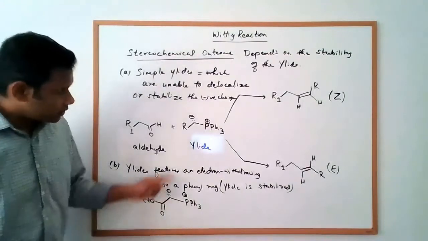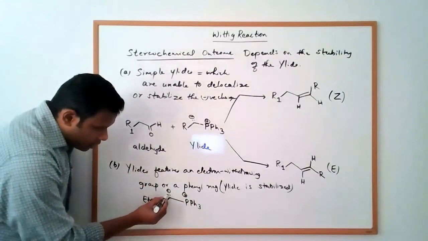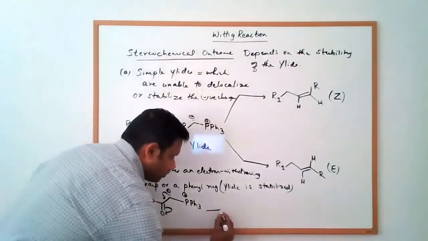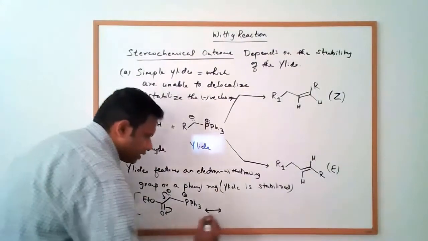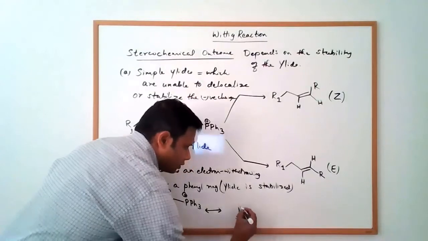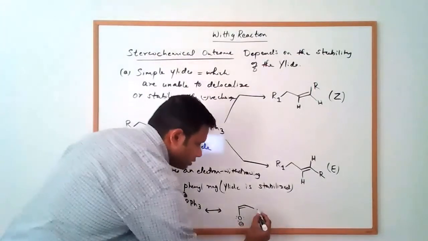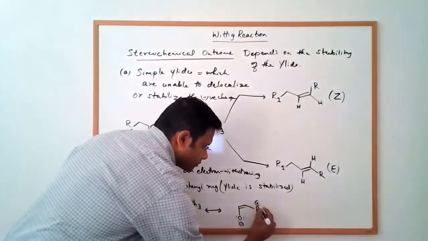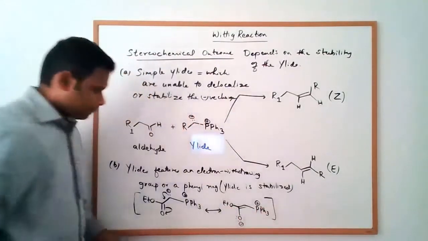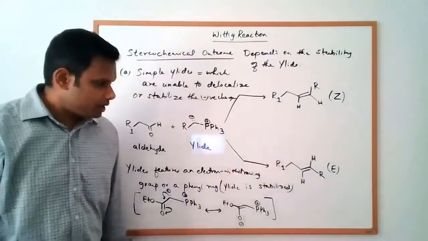So if we have an ylide like this, where this R group is now an electron withdrawing group, like an ester group, then the negative charge here can be stabilized via resonance, because that negative charge is now spread out over a couple of atoms, because it's allylic in nature. So the negative charge is stabilized. So this would be one example where the ylide is resonance stabilized. So our product is going to be an E-alkene.